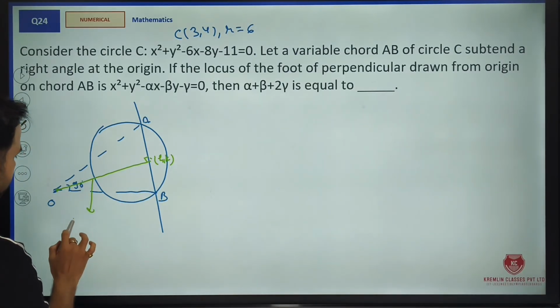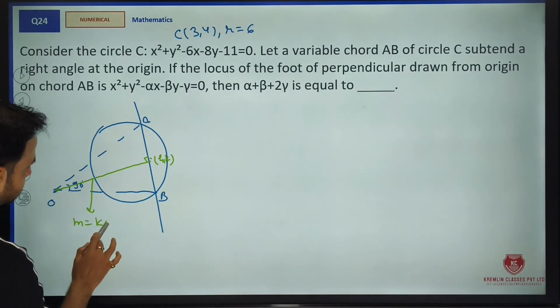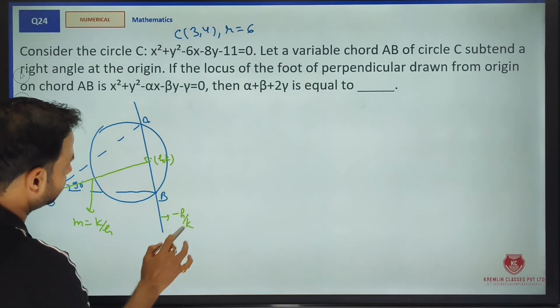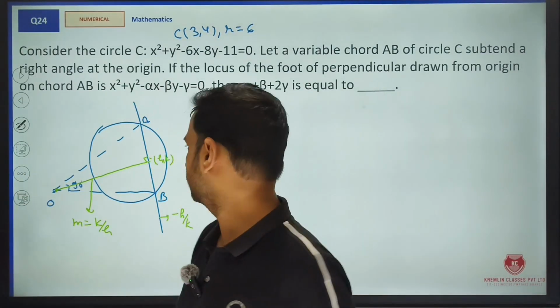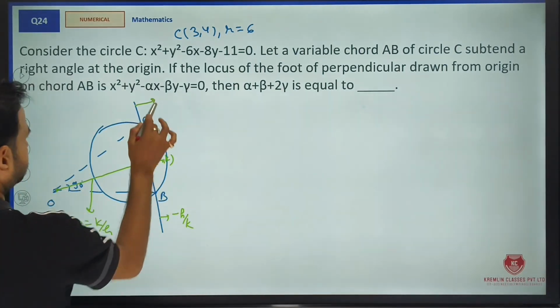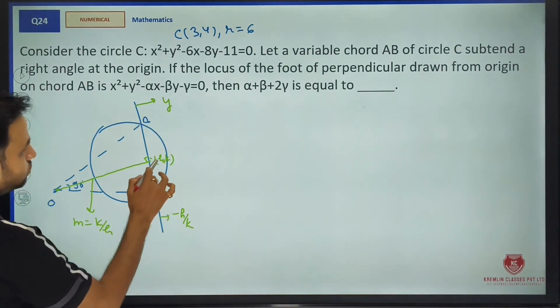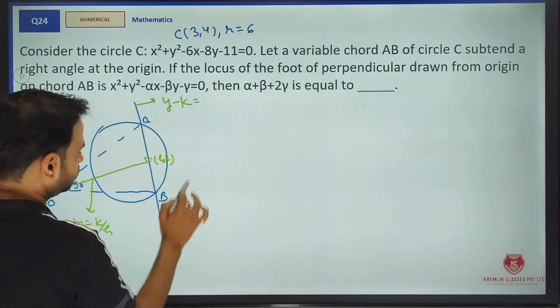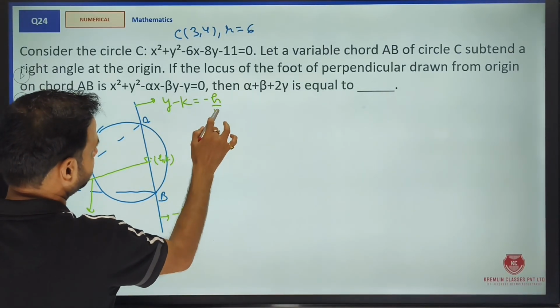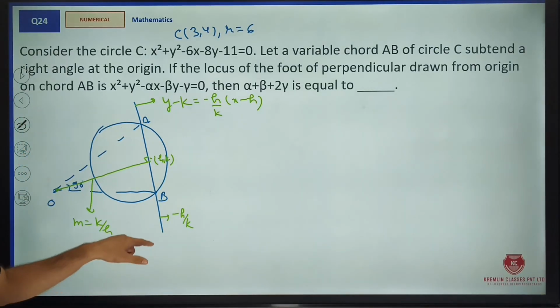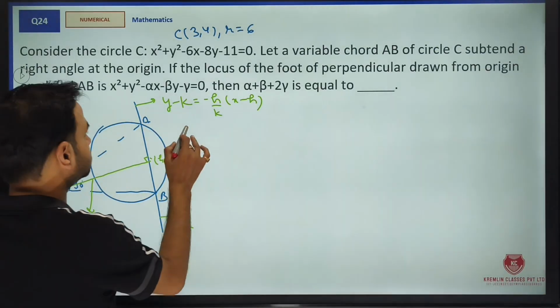So the slope of this line is k by h. So the slope of this line should be minus h by k. Okay. So we can easily write the equation of this chord first. So this would be y minus k equal to slope, minus h by k, times x minus h. Because we have to homogenize it, we have to first find this equation.